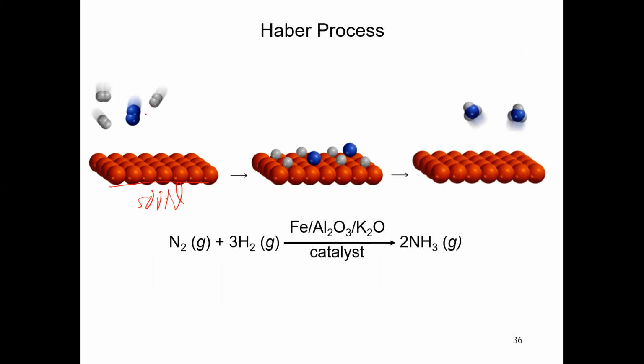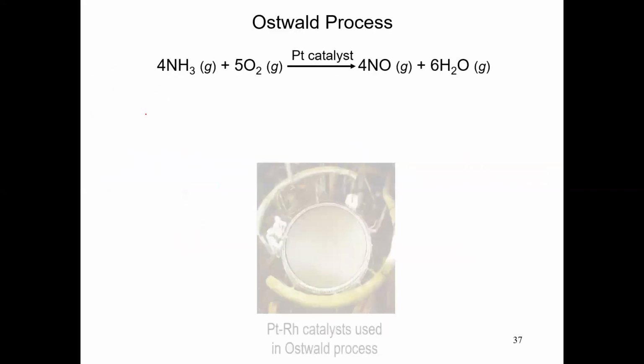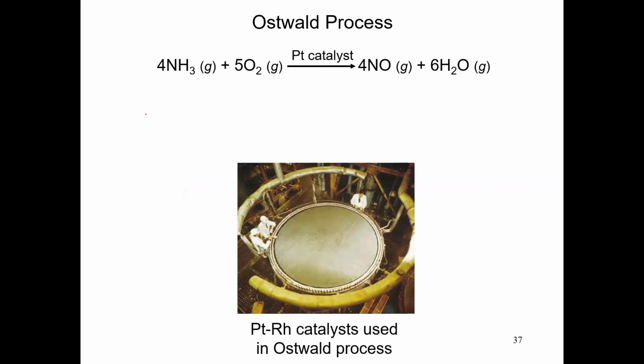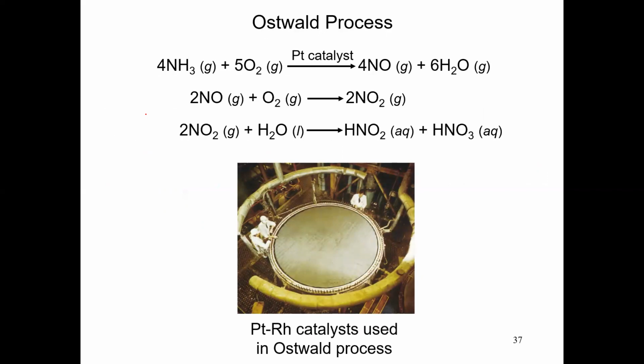Then you get the ammonia coming off, and that essentially makes it a lot easier for that reaction to take place. The Ostwald process is another one with a platinum catalyst, and then you've got the reactions between both of them together, and you can see the different reactions that would take place to get these.